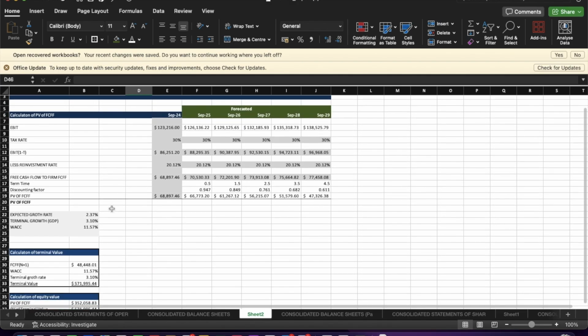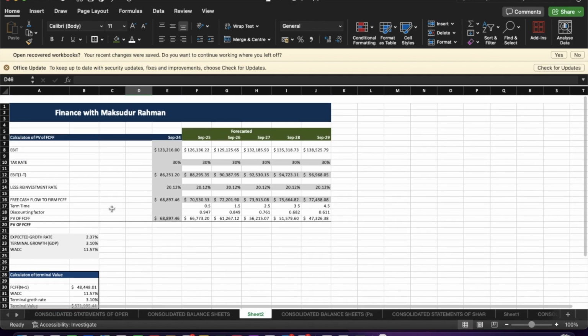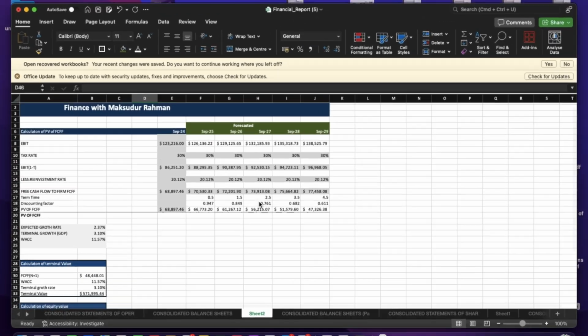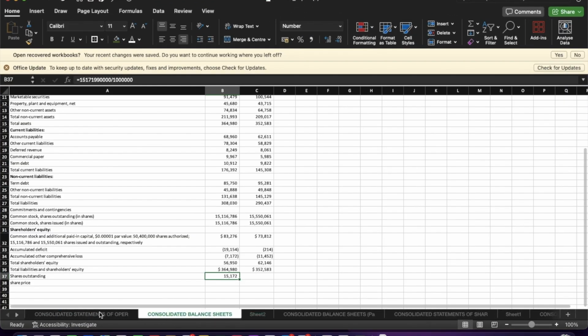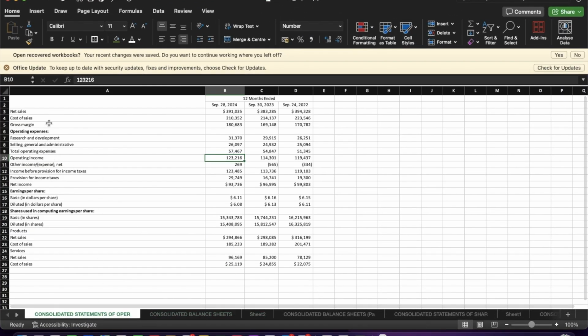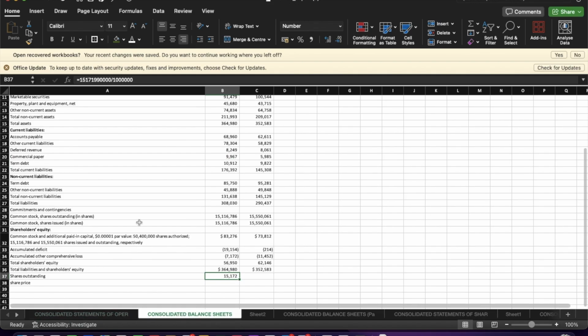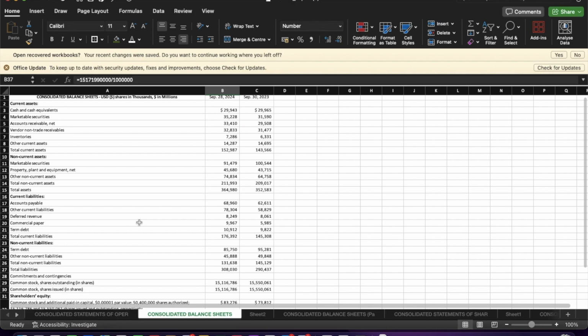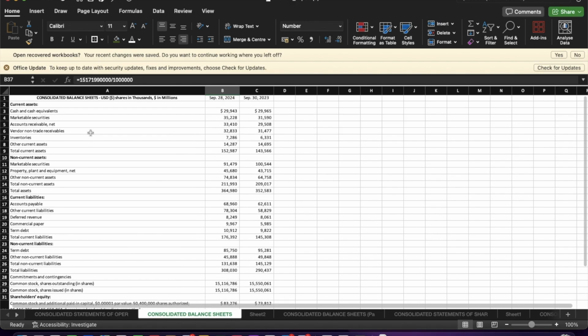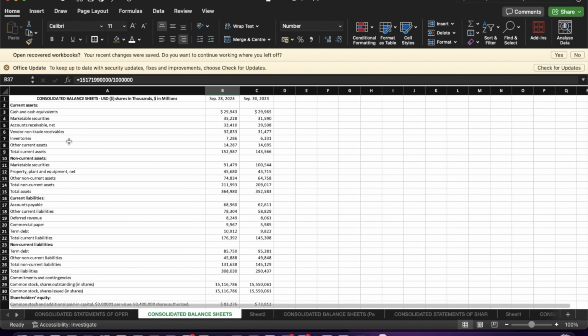One of the reasons I didn't deduct the amortization or the depreciation is because this is a tech company and it doesn't show any depreciation or amortization on the balance sheet, and I have used the operating income as EBIT.